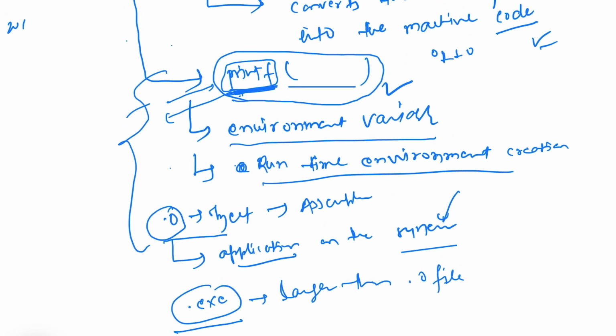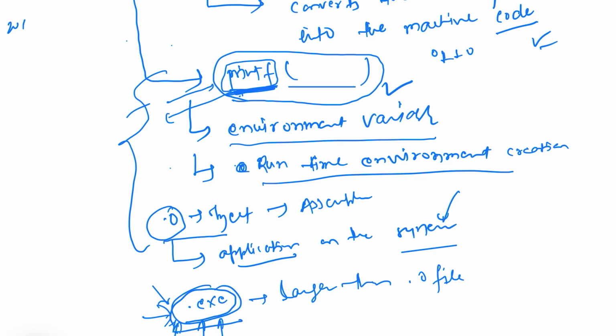The reason is that the exe file contains the environment variables, the loader for the application, the runtime environment creation, and the printf definition, where we link the function to the definition. These are the things added at the linker stage. So that's why the exe file becomes larger than the object file.